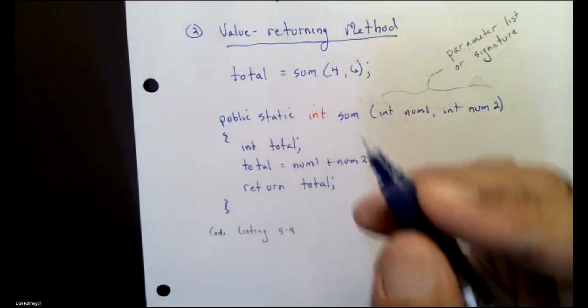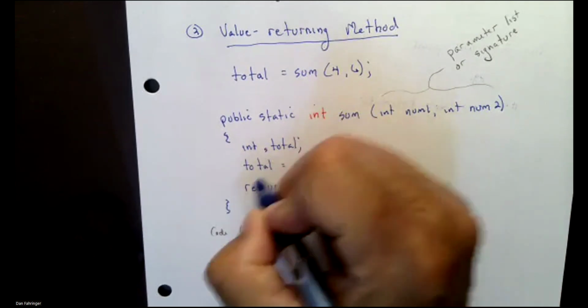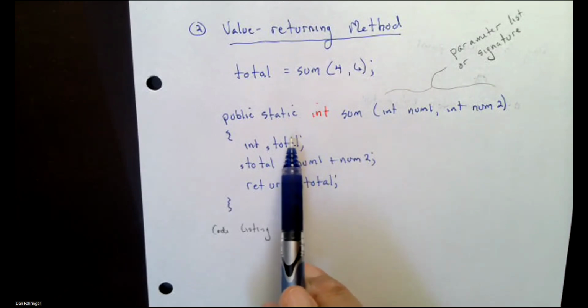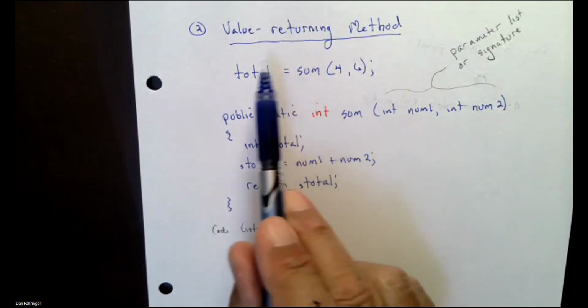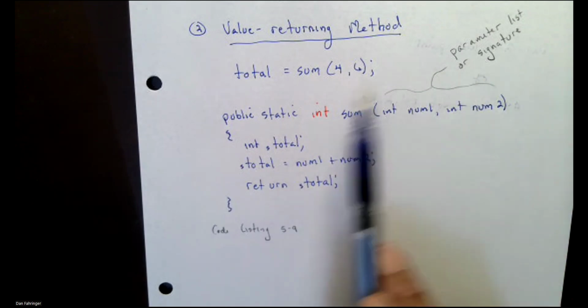I could have called this something else, sTotal, like for sum total. Keep them different. So sTotal is a local, I return it and it lands inside of total. So this is the whole package right now.